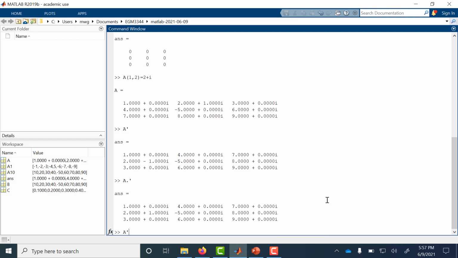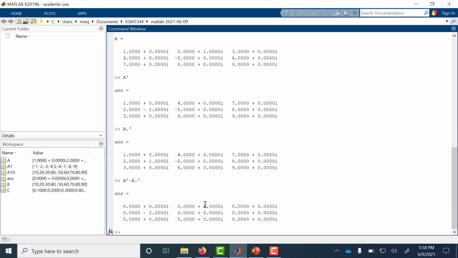Just to drive this home again, I'm going to do an A prime minus an A dot prime, and you're going to see that minus 2i down here is the only difference. So, just a strange thing.